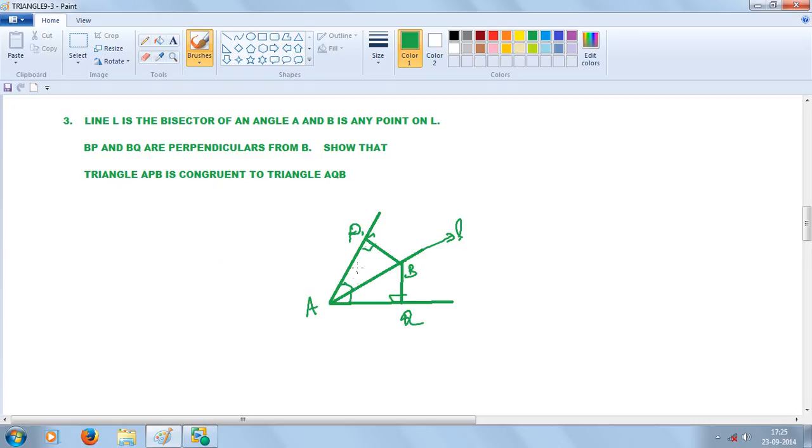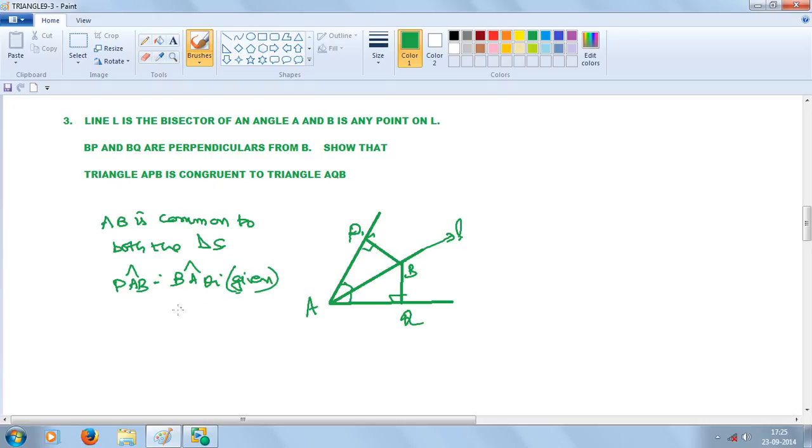So how do we prove? AB is common to both the triangles, and angle PAB is equal to angle BAQ because it's given as a bisector.